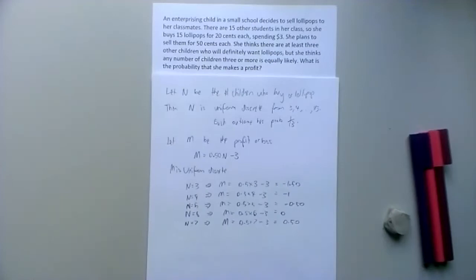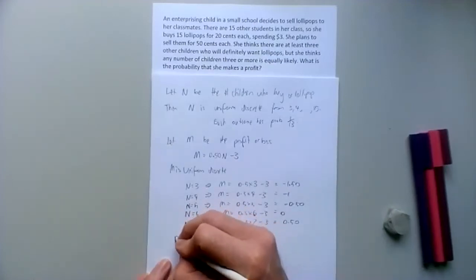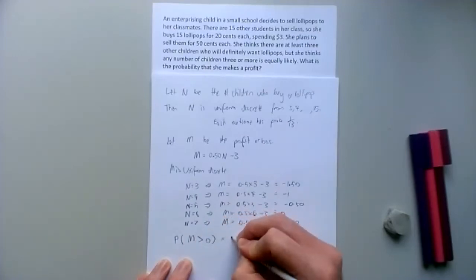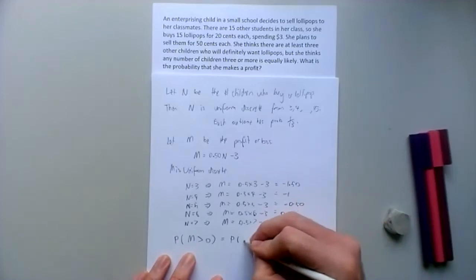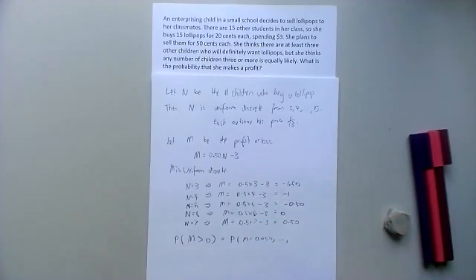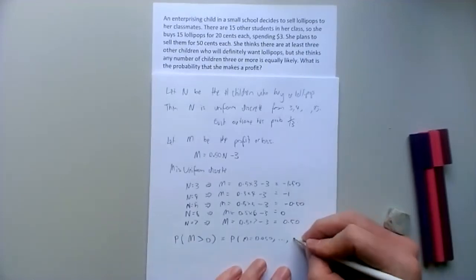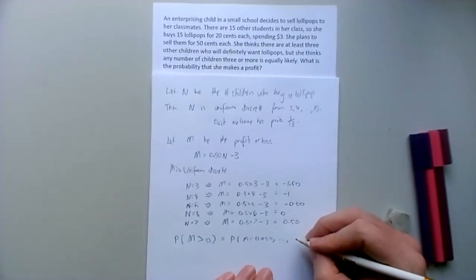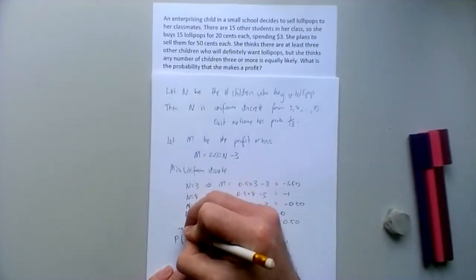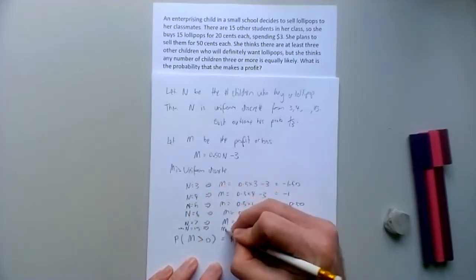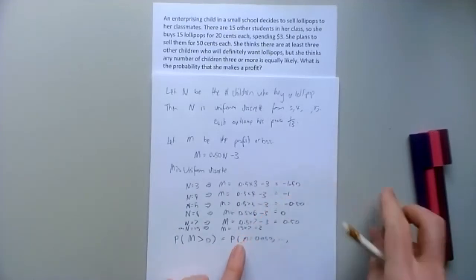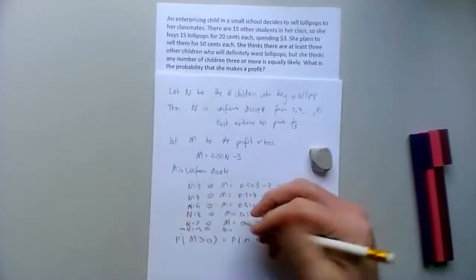Okay, so the probability that the money is greater than 0 is the probability that m is 0.5, 0 up to whatever it is when n is 15. Let me put that in. n equals 15. That's not a dot, that's a dot dot dot, like an ellipsis. m equals 0.5 times 15 minus 3, not 15, 0.5 times 15.